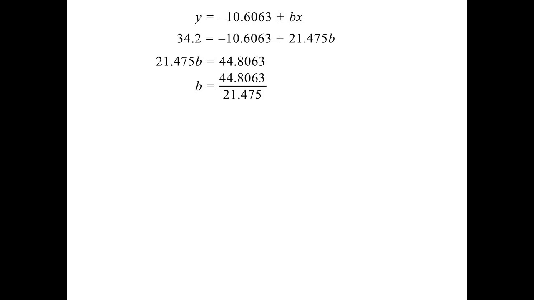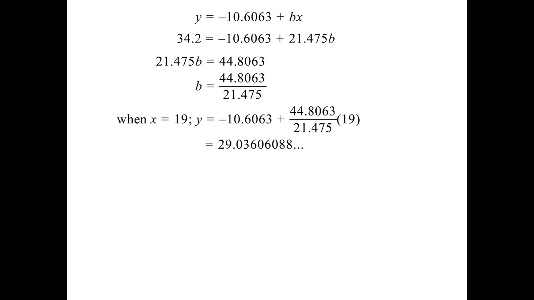You can see I didn't bother working out what it actually was. I left it as 44.8063 over 21.475, whatever that is, because all I'm now interested in is what is y when x is 19, because x represented the temperature. So I just plug that in, 29.03. Well, we'd be expecting 29 chirps.